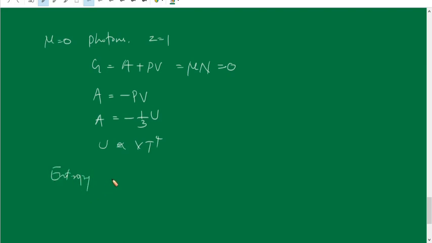Now we have the entropy. Entropy S is equal to U minus A divided by T, or U equal to A plus TS.